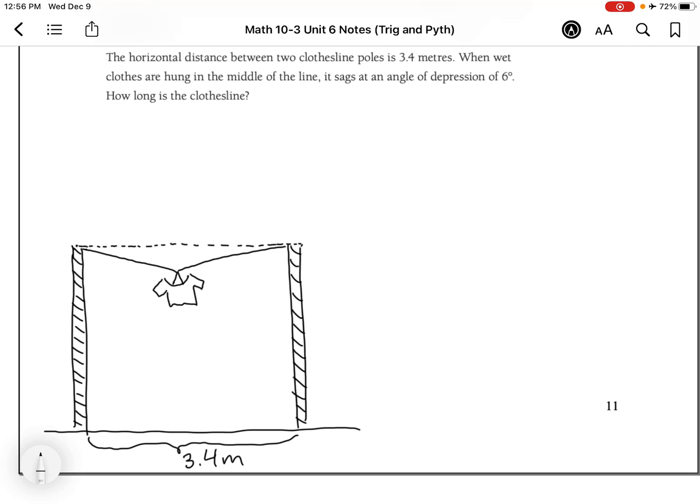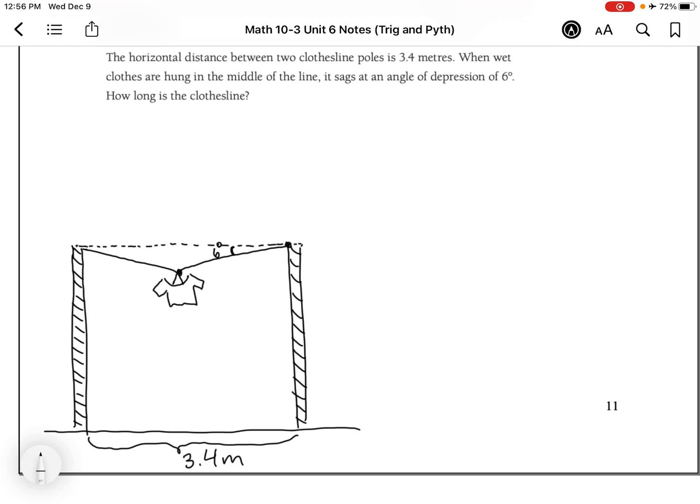I've already drawn this horizontal line in there, but this angle of depression, remember, is between the horizontal and sort of the line of sight, if you can imagine that these things have eyes, between the pole and the t-shirt. Okay, this is 6 degrees.